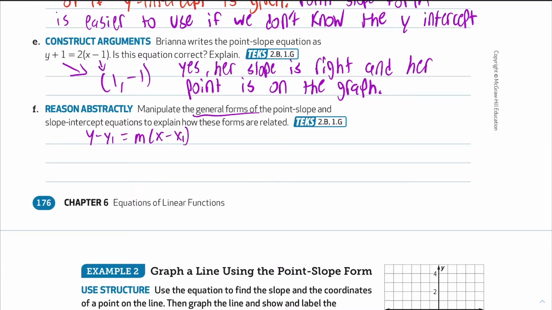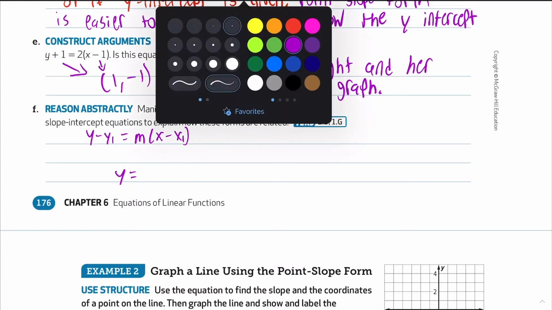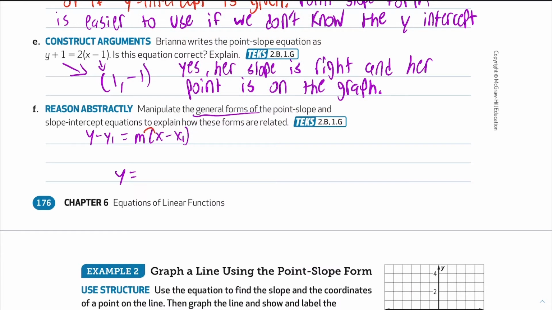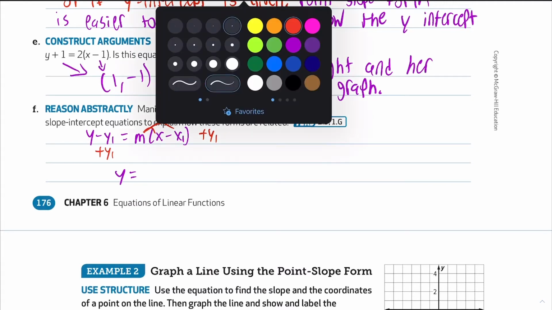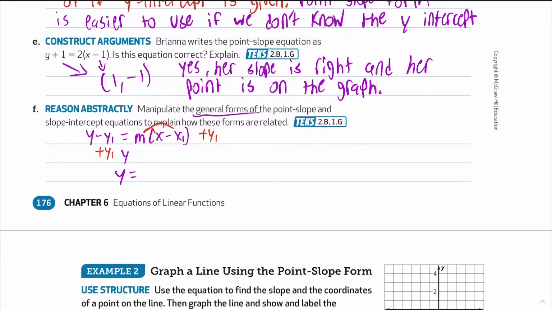We're going to change from this way to be y equals. To do that, let's distribute and let's add y1. If we do that, then we will have y on the left, y1 cancels, mx minus mx1 plus y1.